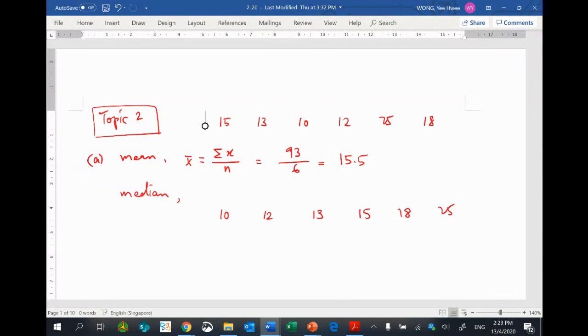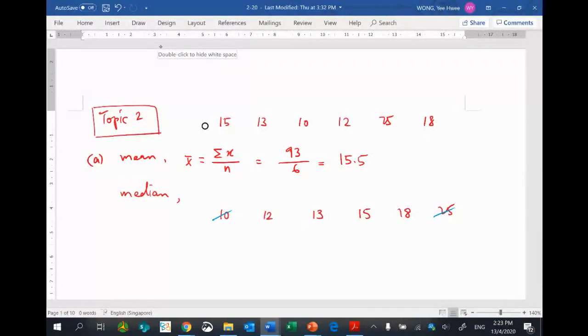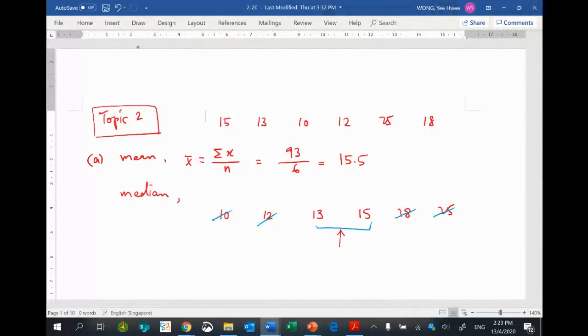Then you find out the middle, right? The easier method is the one where we cancel. So you cancel 1, now you cancel 2. Oops, there are only 2 left. So what is the median? The median is just here: the average of these two numbers, the center of these two numbers.